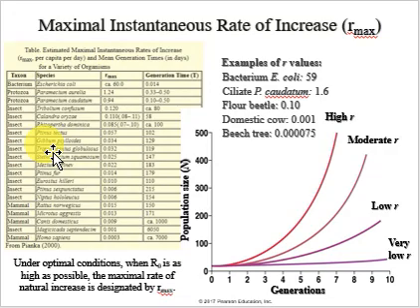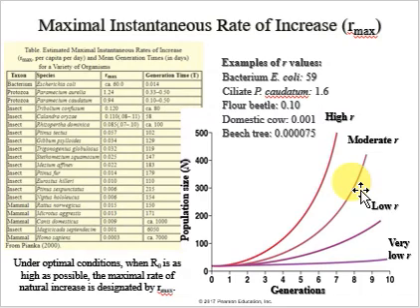Small, short-lived organisms such as E. coli or Escherichia coli, which is a common human intestinal bacterium, have relatively high R max values. As indicated here, you can see their growth rate is very high relative to some of these others, right? Whereas comparing to these larger, longer-lived organisms, such as humans, for example, we have comparatively very low R max values.